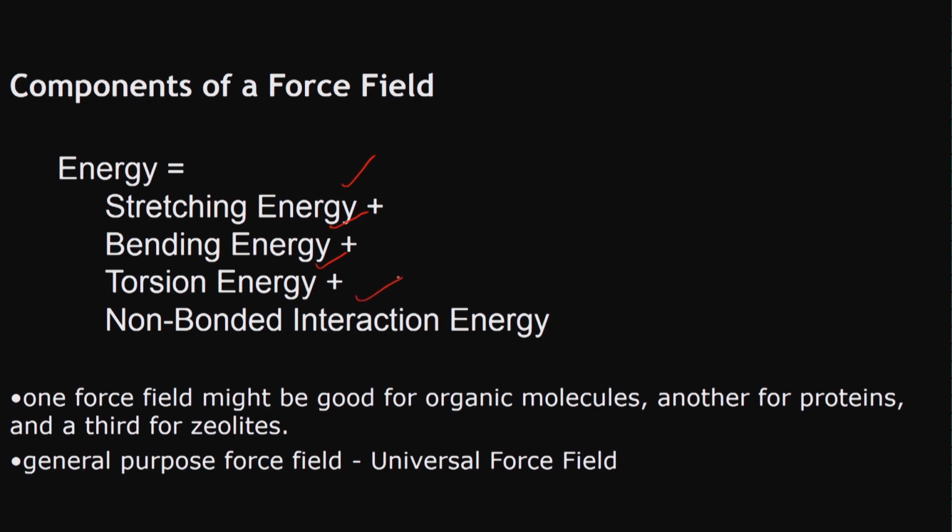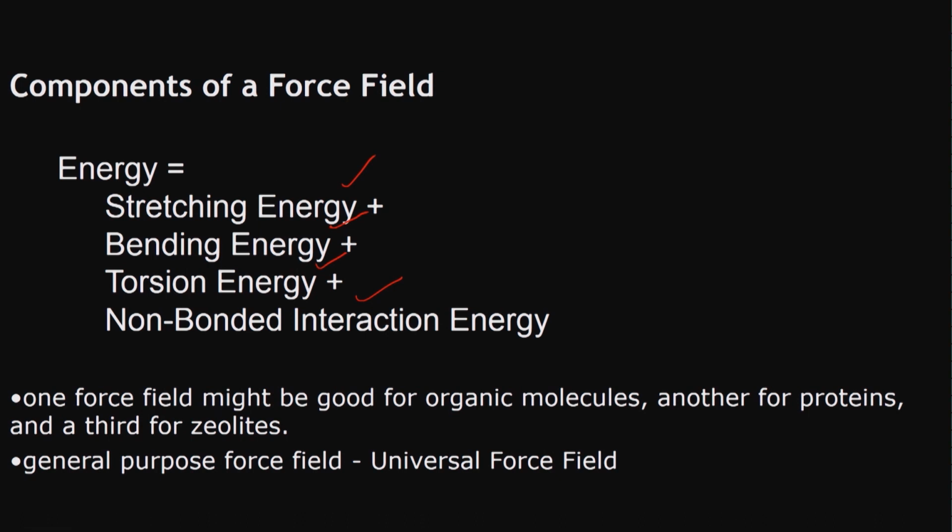There could be interaction between atoms which are not connected, because of electrostatic forces and van der Waals forces. So, the energy of a molecule is made up of 4 terms: stretching energy, where the bond gets stretched or compressed; bending energy, where 3 atoms with 2 bonds bend; torsion, which is a change in the 3rd dimension; and the 4th, the non-bonded interaction energy.